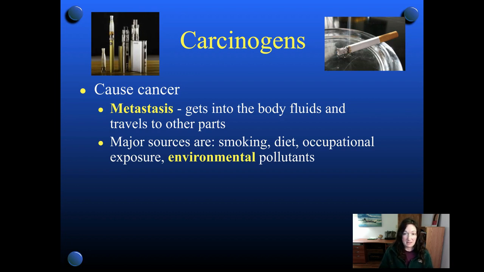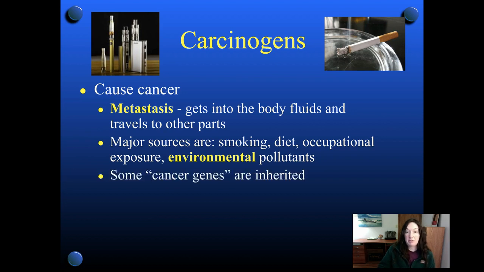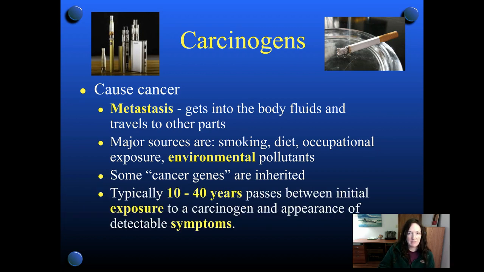Like I said, processed meats and foods, you have to limit your amount of those because too much will have a possibility of giving you cancer. Occupational exposure would be if you're exposed to a certain chemical in your job. And then environmental pollutants. If you live near a power plant, for example, you might get exposed to carcinogens. Some cancer genes are inherited, like there is a gene for breast cancer that's inherited, but for the most part, carcinogens come from the environment.